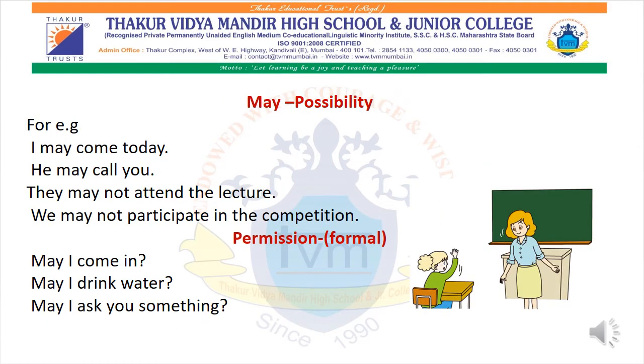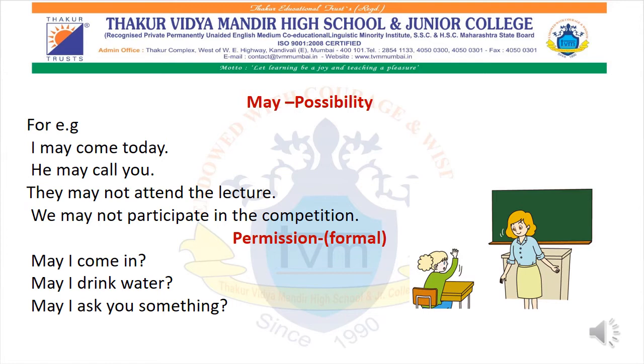Now we are going to study our next modal auxiliary verb, that is may. Now may is used if there is some possibility or if you want to ask permission, but that permission should be in a formal manner.